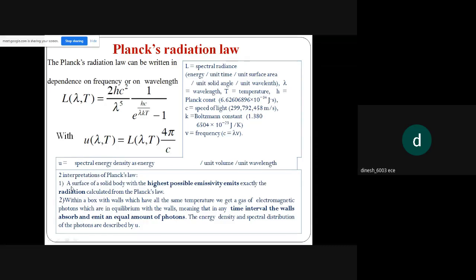One is that a surface of a solid body with the highest possible emissivity emits exactly the radiation calculated from Planck's law. This is the first interpretation.